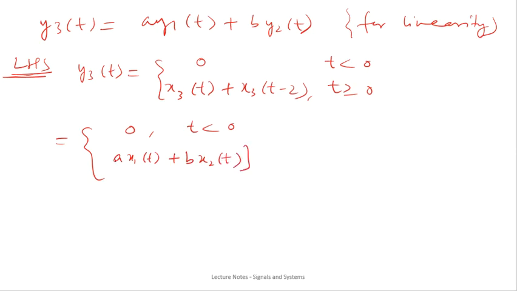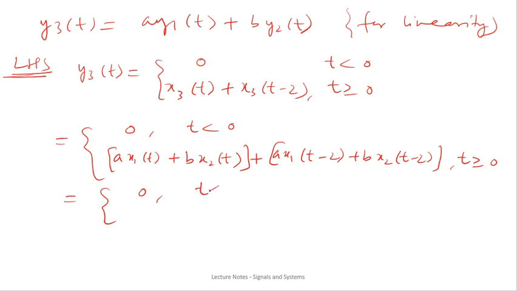Similarly in this second part, in place of x3, it will be a x1t minus 2 plus b x2t minus 2. This is for t greater than or equal to 0. So again you just write down the step, and for this second part you have to do some rearranging in the terms.